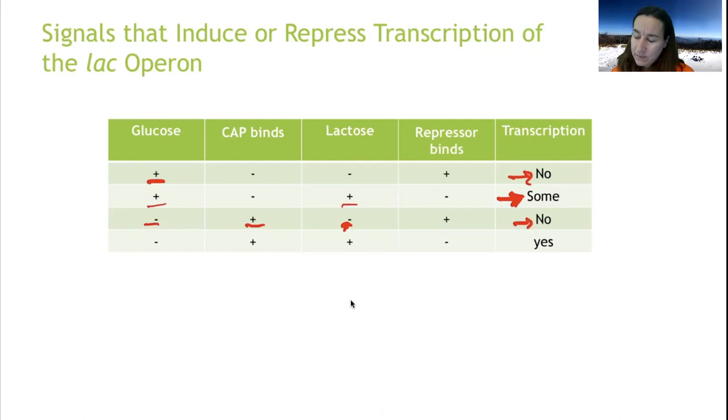So we must have low glucose. Cyclic AMP needs to bind with the CAP. And lactose has to be around, otherwise we have nothing to break down when we express these genes. And so now, yes, this is what we want for this type of gene expression.